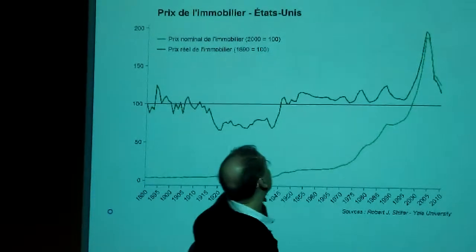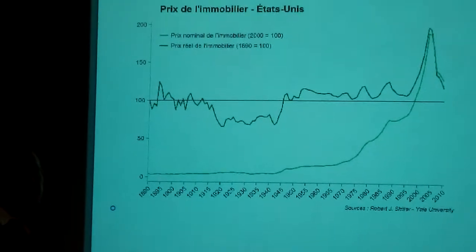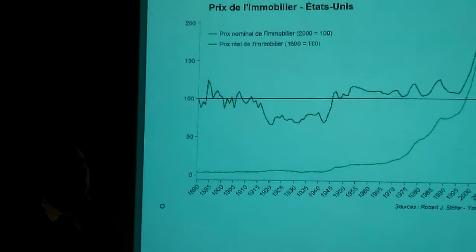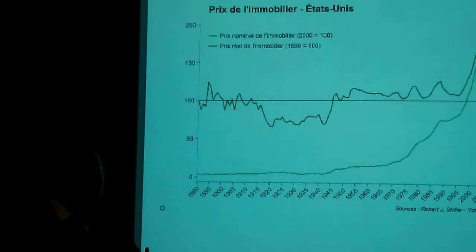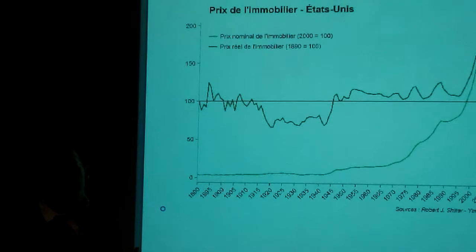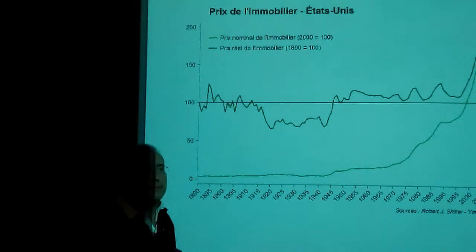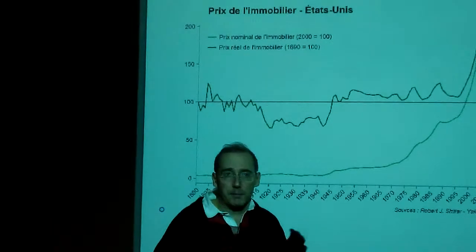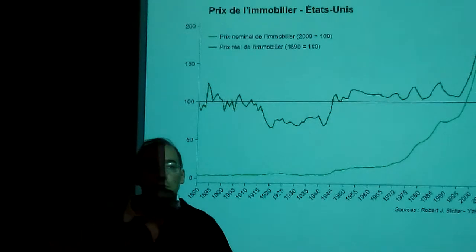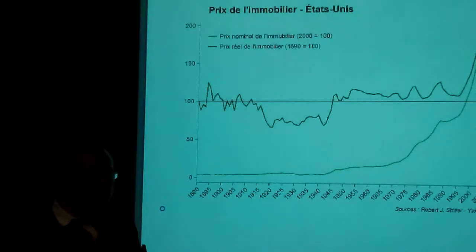And do you think that within 10 years, the real value of houses was multiplied by 2? Certainly not. So this must be a bubble, okay? Which can be perfectly explained, so I don't have time enough to do this now. But a good model should allow for this kind of phenomenon, okay?